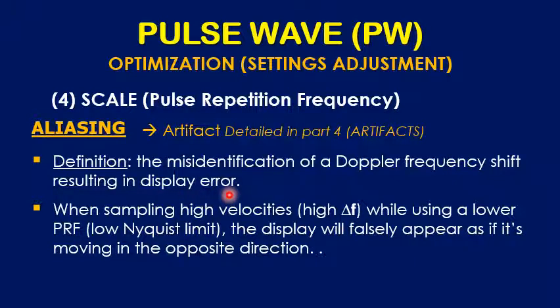This is the reason why I will get aliasing: the misidentification of the Doppler shift direction. The direction received by the system is in the opposite direction, while truly it is forward, for example, but the system identifies it the opposite way. Why? Because the setting is not that high compared to the Doppler shift, which is a higher Doppler shift.